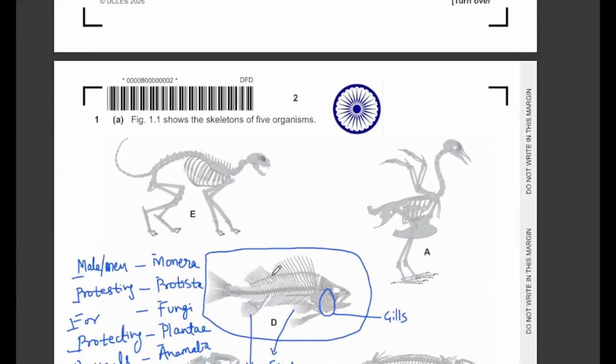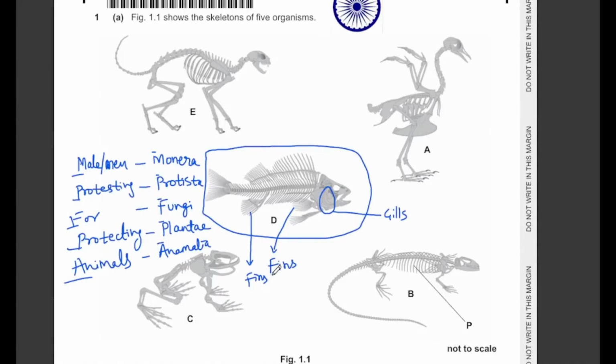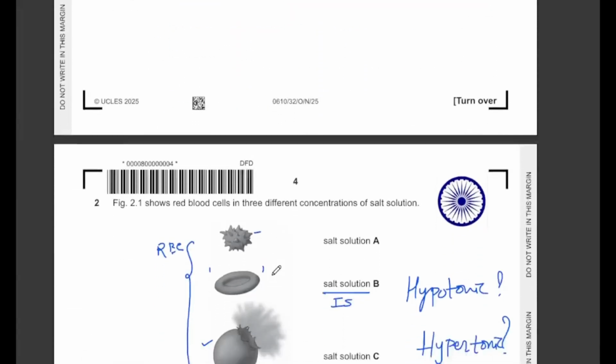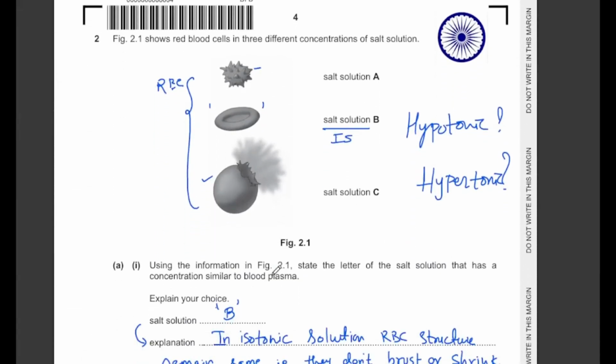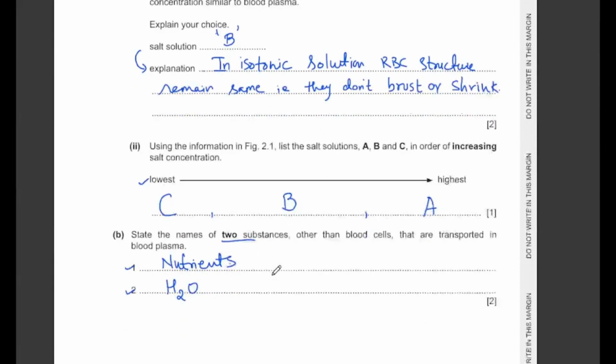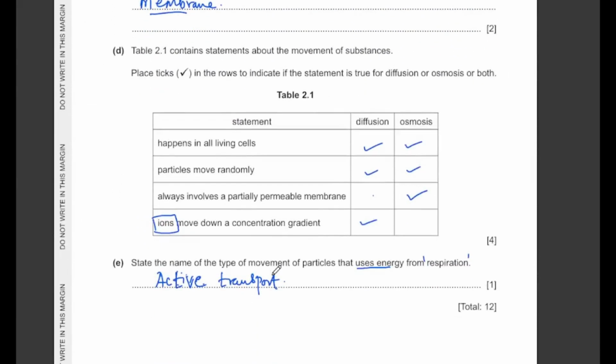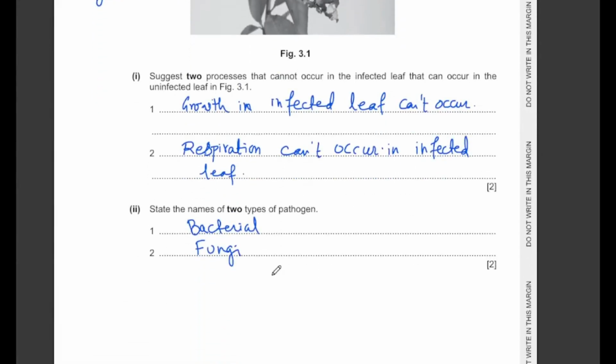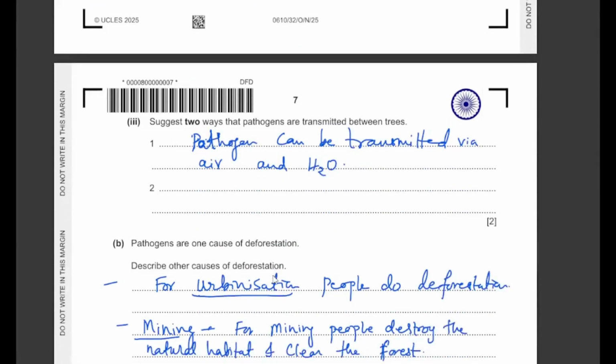The first question was from the classification topic, chapter 1, and we have completed it. The second was from the osmosis topic, movement in and out of the cell: osmosis, active transport and diffusion. The third one is from, reproduction chapter, I think.